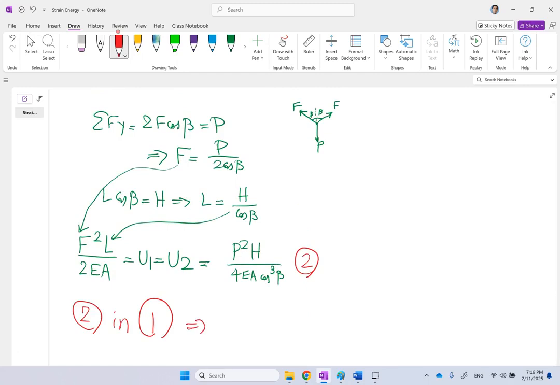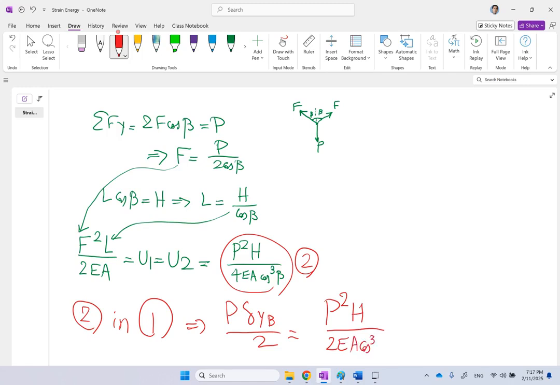You are going to get that P times delta Y of point B over 2 equals 2 times this, which is P squared H over 2EA cosine cubed beta. And what you need to do is to get rid of a 2, get rid of one P, and from here you can calculate the displacement of point B in the downward direction.